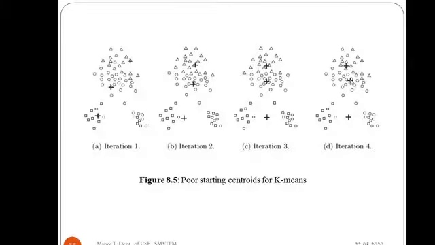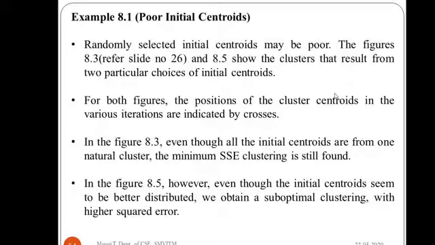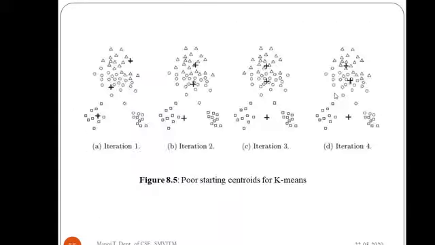Even though we are performing the iterations, the centroids are not distributing in a proper way to give the optimal clustering. Here suboptimal clustering is happening, which clearly shows that random selection of the initial centroids can lead to poor clustering.